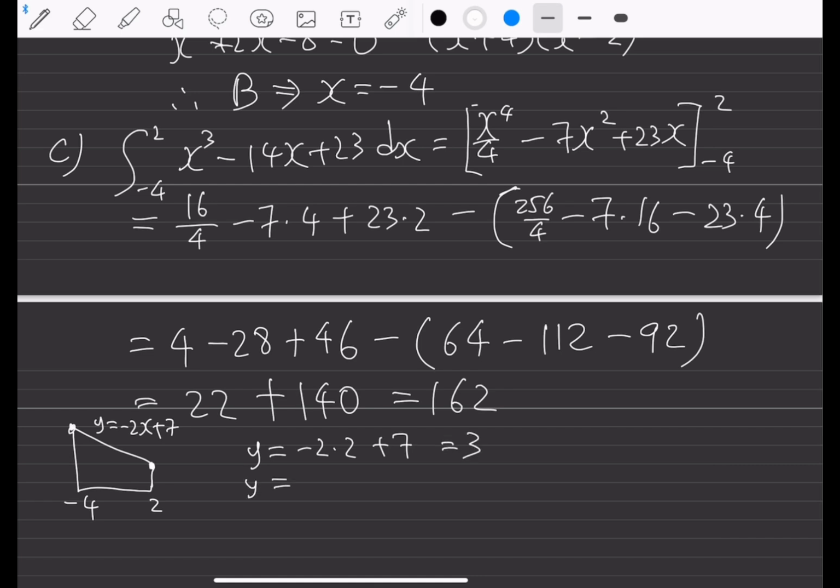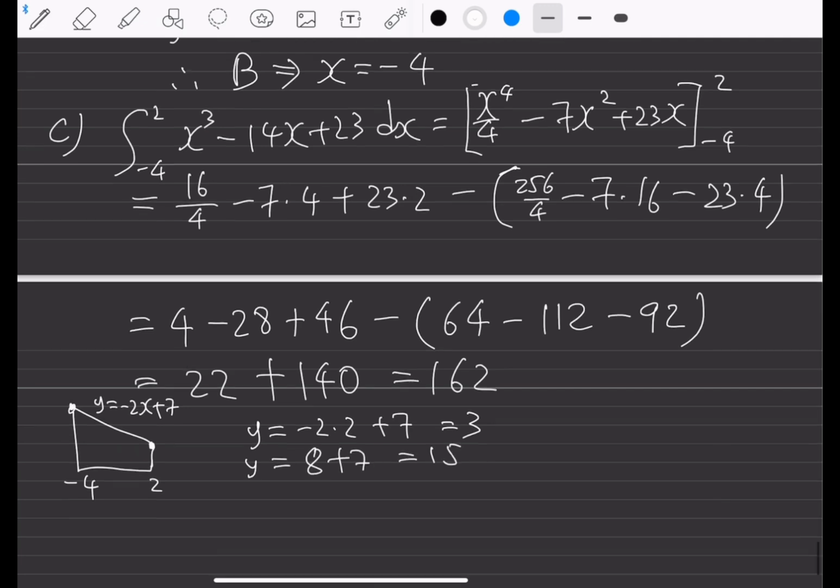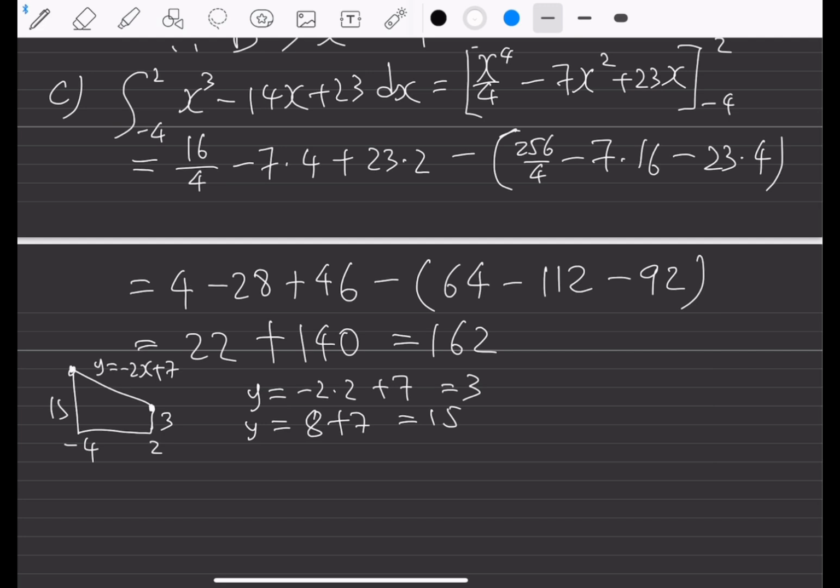When x equals minus 4, that gives us minus 8 plus 7, no, sorry, it's not minus 8. It is 8. 8 plus 7 gives us 15. So we know this is 3, this is 15, and the height of this trapezium is 6. So the area of a trapezium can be calculated by adding 15 plus 3, over 2, times the height, which is 6. So actually we're calculating 9 times 6.